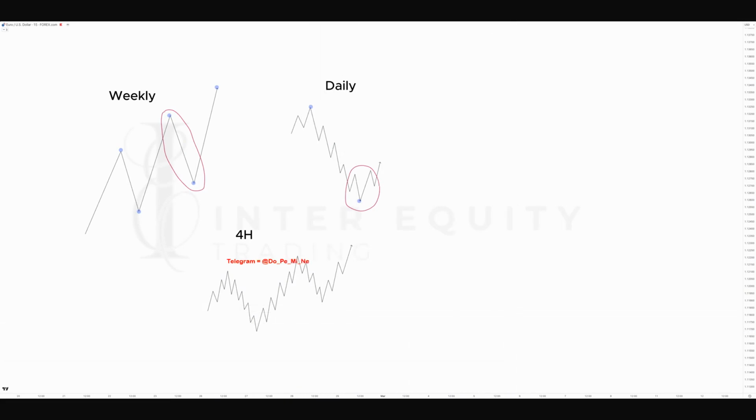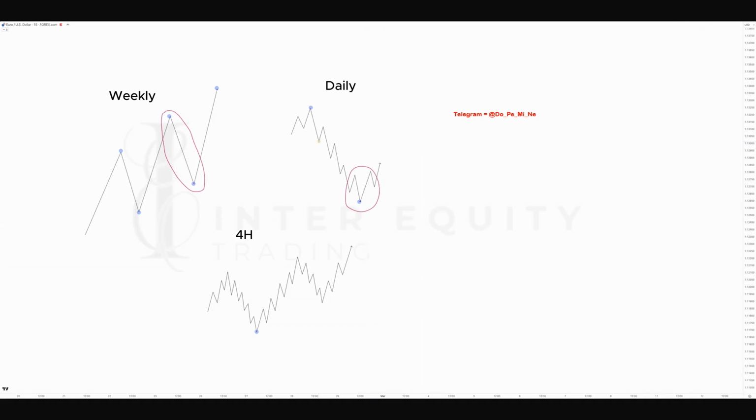So let's start marking out the weekly high, the weekly low on the 4-hour, which is right here. And to actually better show this, let me show the structure on the daily. Okay, so this is the lower low. Let me change the color actually. One second. So right here, let's make this yellow.